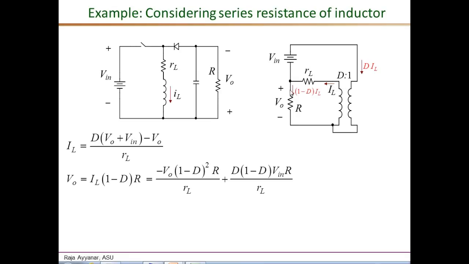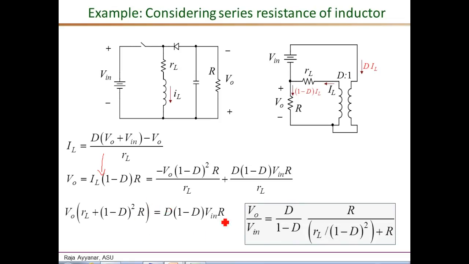Therefore the current going into the load resistance is (1 minus D) times IL. So VO is (1 minus D) times IL times the resistance R, and substituting for IL from the first equation into the second, we get this expression.